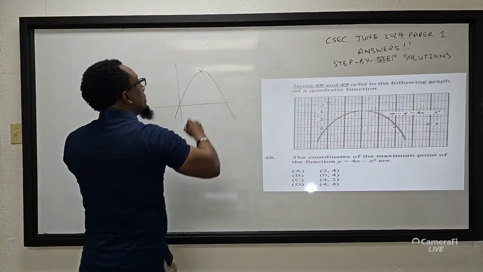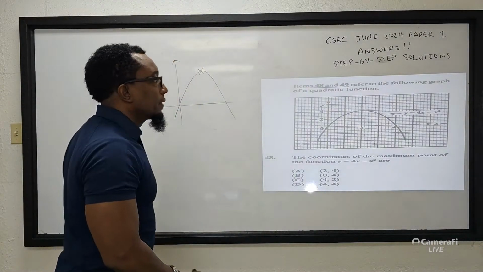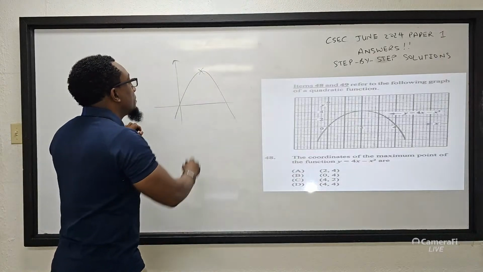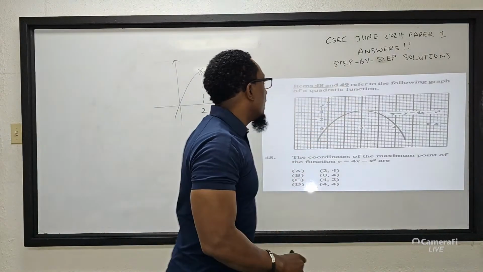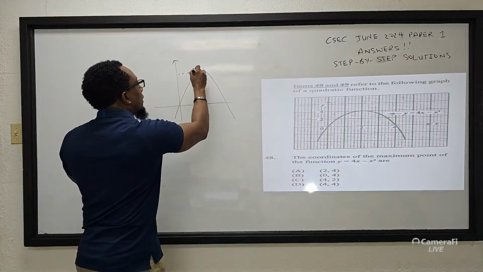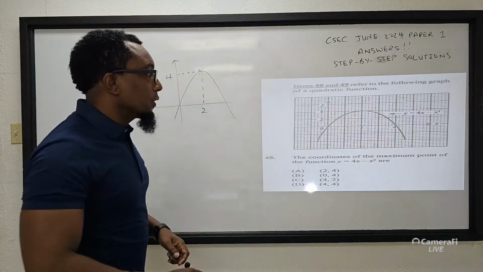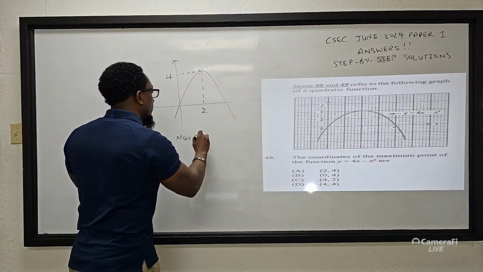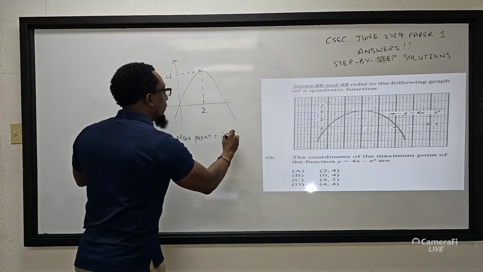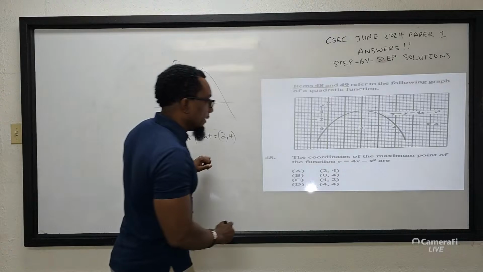That's the maximum point. Yeah? So the coordinates of that maximum point will be x, which is 2, and y, which is 4. So the maximum point will be 2, 4. Whose answer there is E.